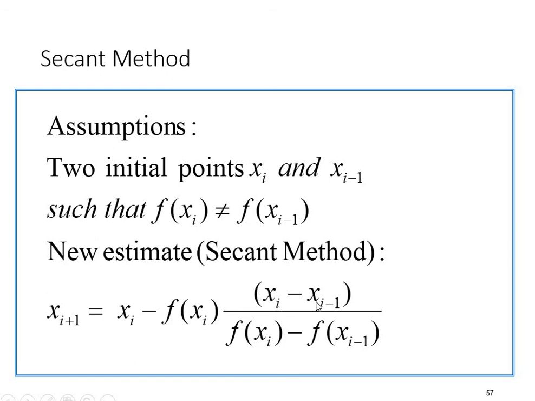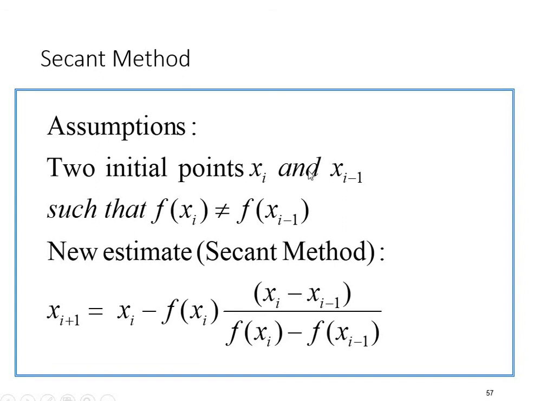The first, you need to memorize the formula for the new estimate: x_{i+1} equals x_i minus f of x_i times (x_i minus x_{i-1}), everything over f of x_i minus f of x_{i-1}.